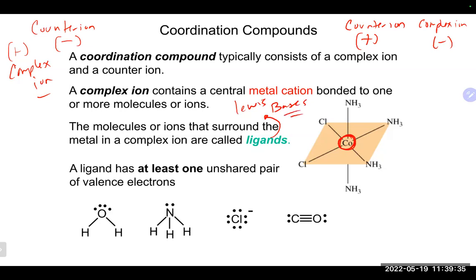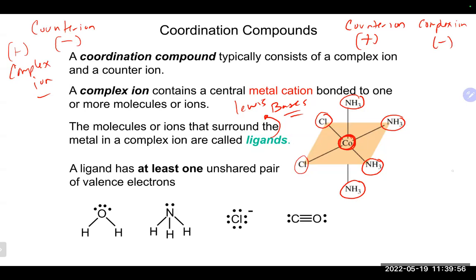As we talked about last time, Lewis bases can donate a pair of electrons to something like this. In this case, each of the NH3 all the way around would be ligands, along with the Cl minus, which would also be ligands all the way around this guy.